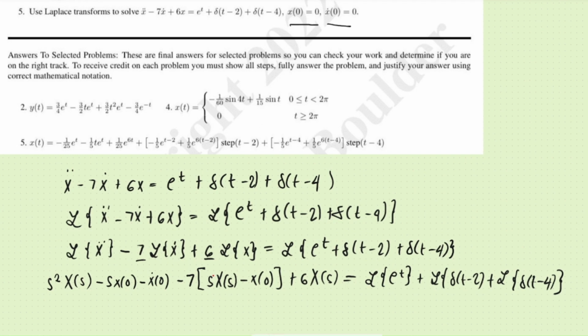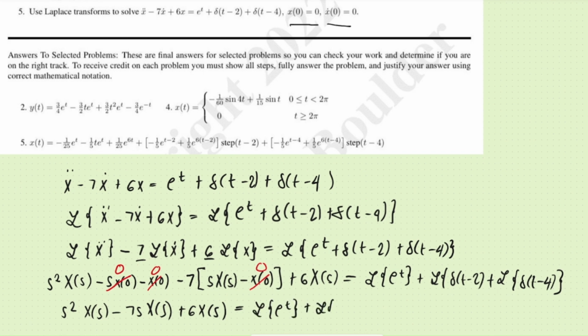So we write s squared X of s, and combine this one: negative 7 times s is minus 7s X of s, plus 6 X of s, equal to the Laplace of e to the t plus Laplace of Dirac delta of t minus 2 plus the Laplace of Dirac delta of t minus 4.